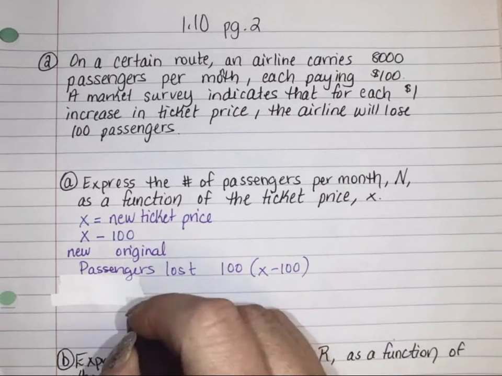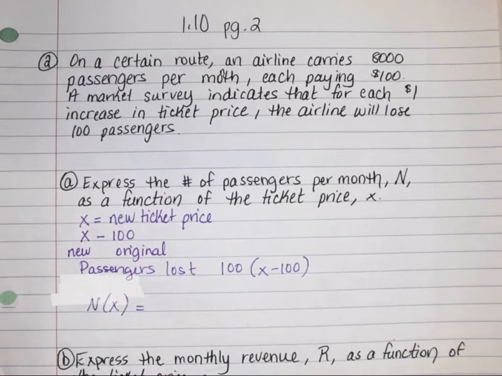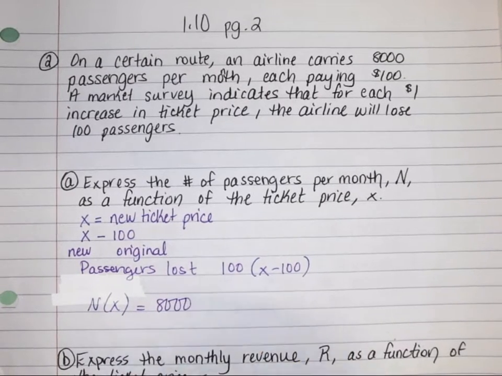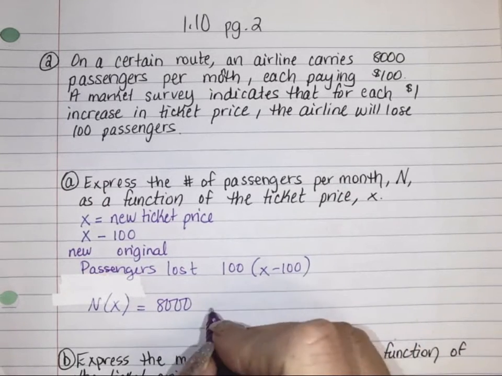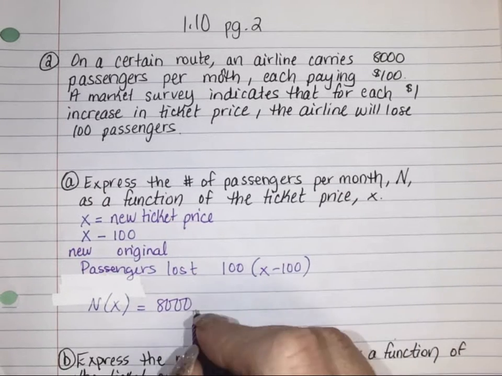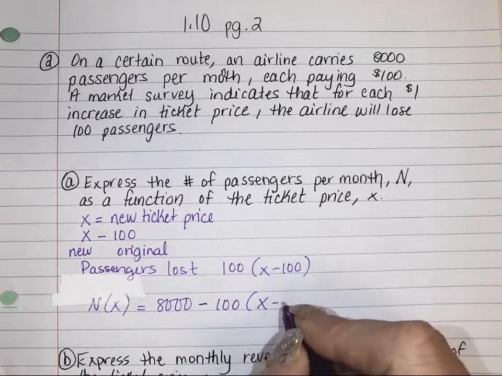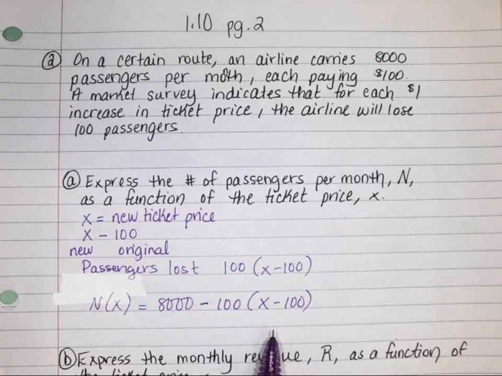So finally, we're going to say the N of x, the number of passengers as a function of x, the new ticket price. You had 8,000 original passengers. But then if this is the case, you're going to lose 100 passengers times the ticket price that they increased it to.